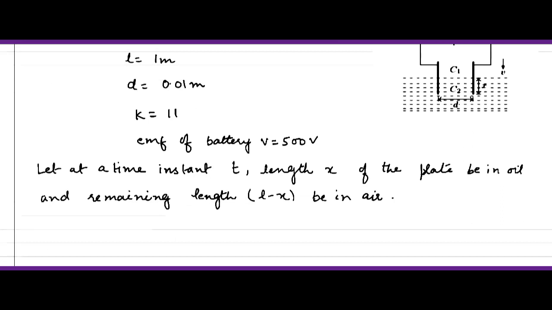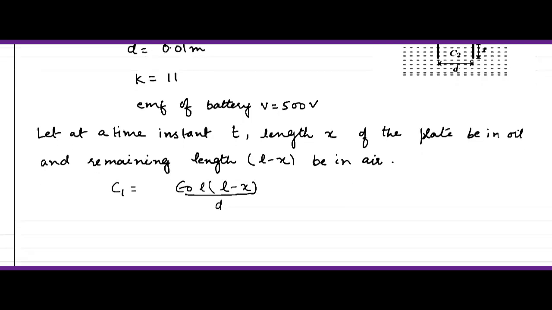So this configuration is equivalent to capacitors. The value of C1 will be epsilon naught (L minus x) by d, for the length which is in the air, and the value of C2 is equal to K epsilon naught L x by d, for the length in oil.